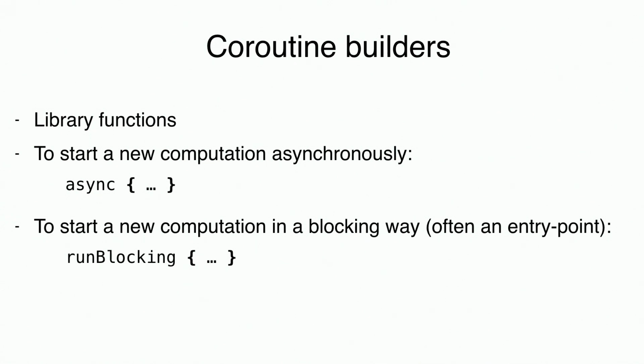In Kotlin's case, it's just a function. Or you can use a builder as an entry point to the coroutine part of the application. Now your application will be divided into suspend functions and regular functions. To go from regular to suspend functions, you need to start a new first coroutine, and it can be started in a blocking way, to await this result, using runBlocking.